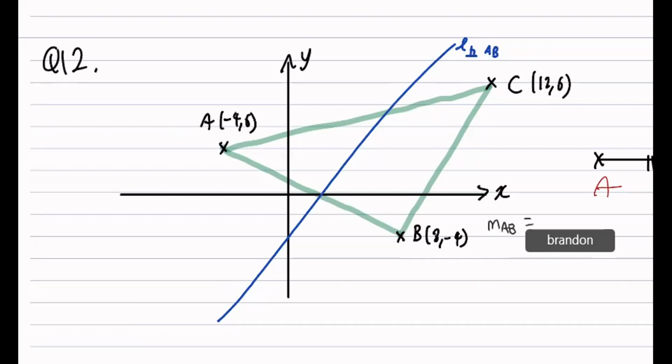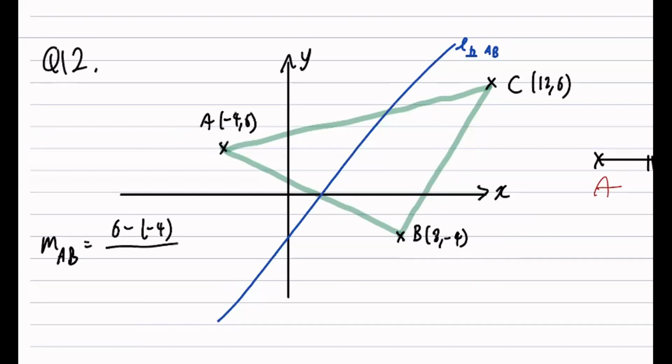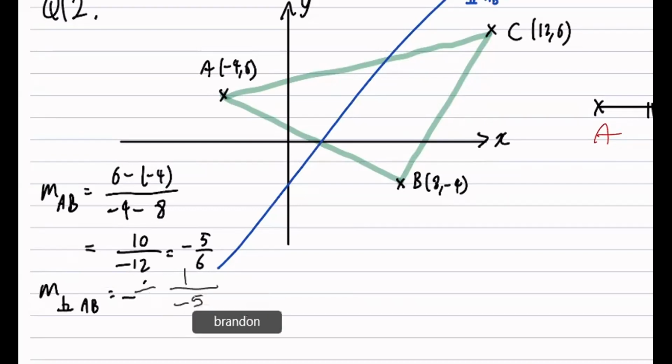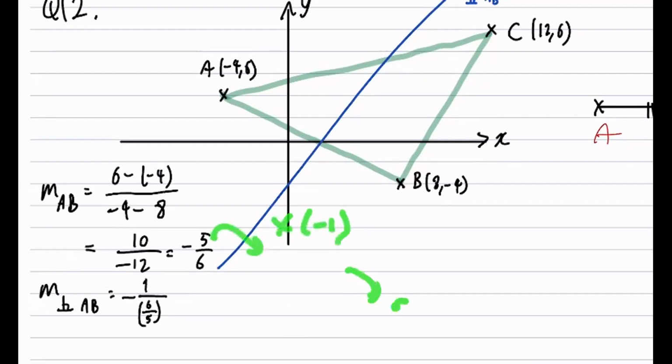Then, correct. Let me copy down what you're writing. Gradient of AB will be this minus this over that minus that. 10 over -12, which is -5/6. That's m of AB. But then what is the m of the L perpendicular? Perpendicular will be -1 over... Instead of this, maybe it's easier to think of it as times -1, then it will flip.